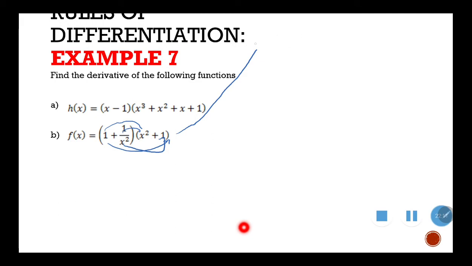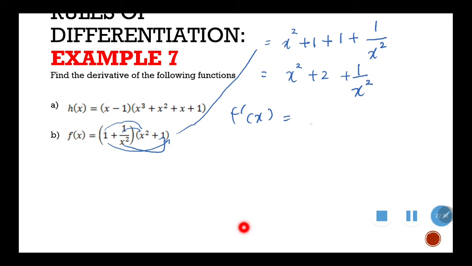If you multiply it out, you will get x squared plus 1 plus 1 plus 1 over x squared, which should be simplified like this, and then differentiate this equation.